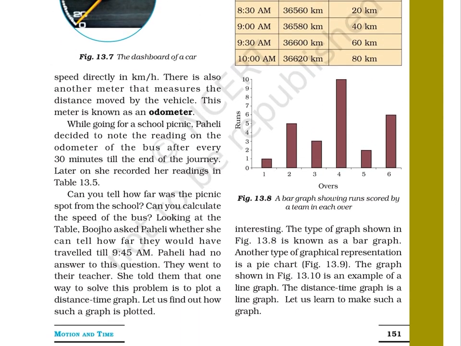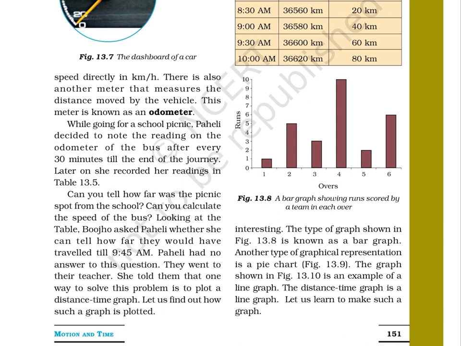Figure 13.8, a bar graph showing runs scored by a team in each over. Here we have a bar graph. On the x-axis, we have overs. On the y-axis, we have runs. In the first over, the team scored 1 run.